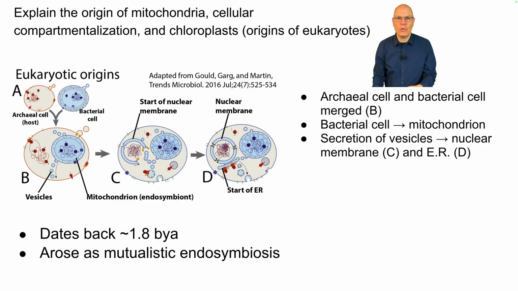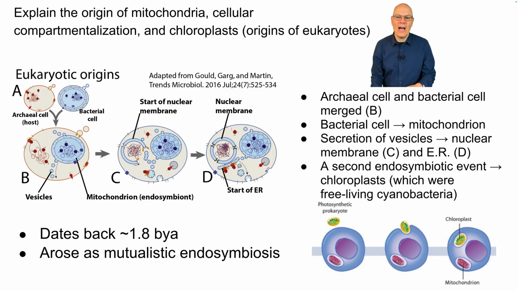That mitochondrion, still kind of the bacteria, secreted vesicles, and those vesicles became the nuclear membrane, shown over here, and it started to develop structures that are part of the endomembrane system, like the endoplasmic reticulum, which is shown over there. So that's how we have eukaryotes.